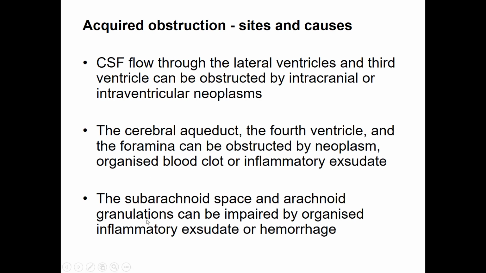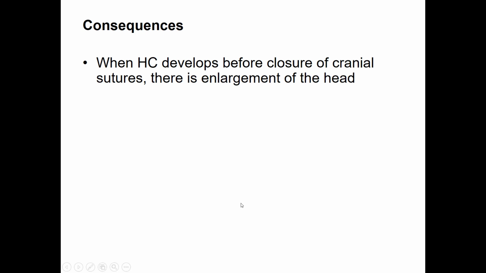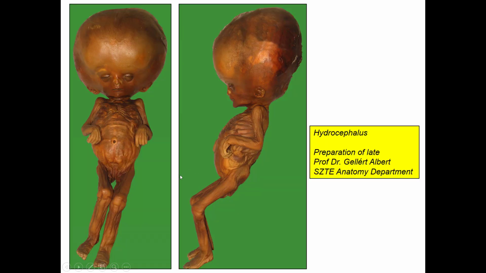Sometimes, though not so frequently, the arachnoid granulations can be impaired by inflammatory exudate or hemorrhage, which then leads to the impairment of the resorption of the CSF, another cause of hydrocephalus. When hydrocephalus develops before the closure of the cranial sutures in young children, there is a massive enlargement of the head.